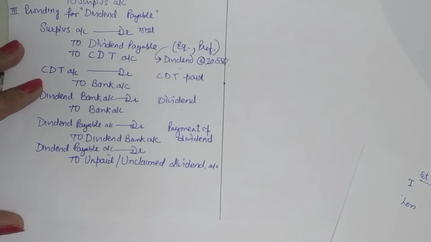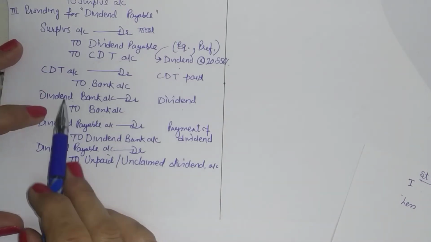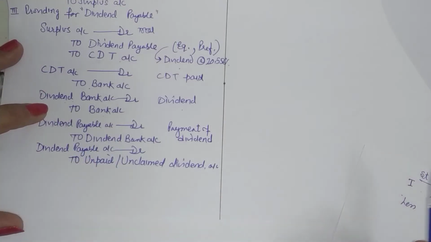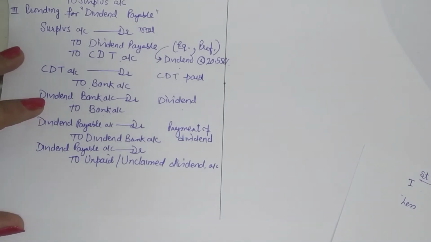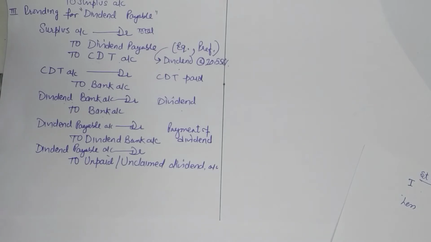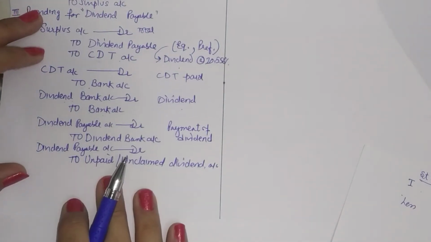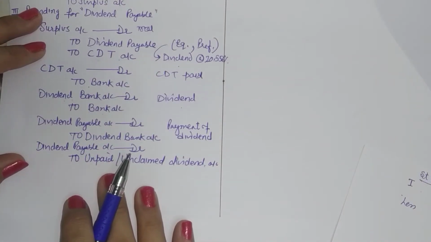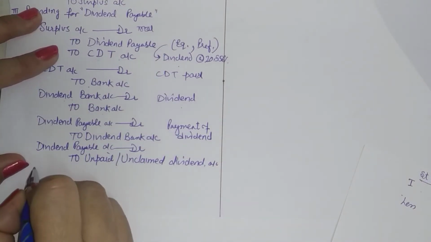Now within 7 years, if the person comes and collects his dividend, the company will pay dividend out of this and the dividend bank will also be used. But if the company is not able to pay the amount within the 7 years because the person hasn't come, then this amount will now be transferred to Investors Education and Protection Fund account.